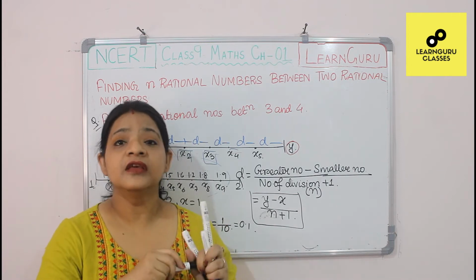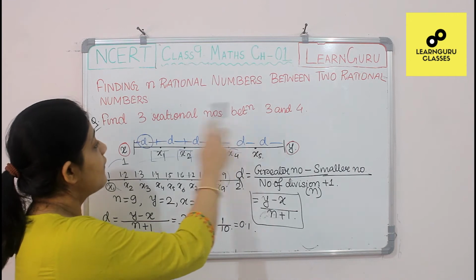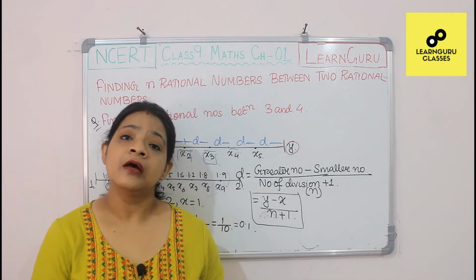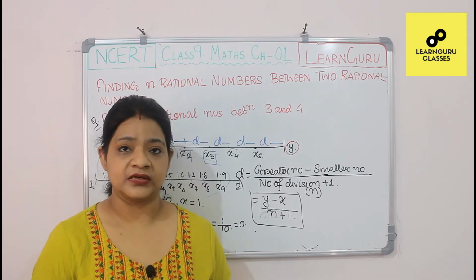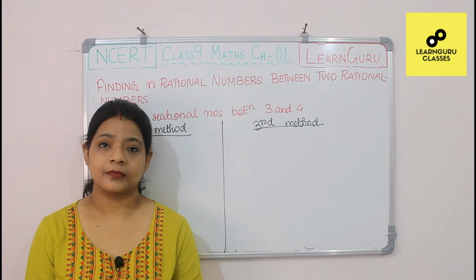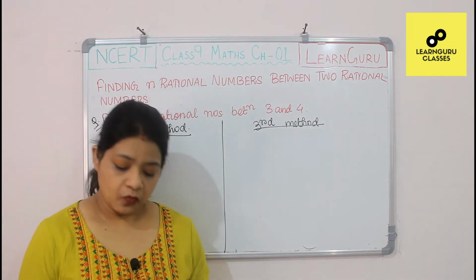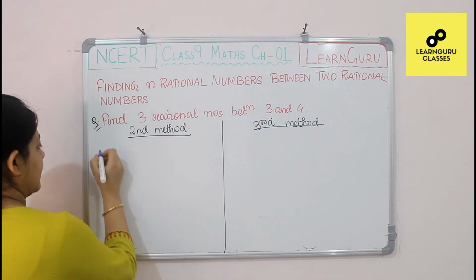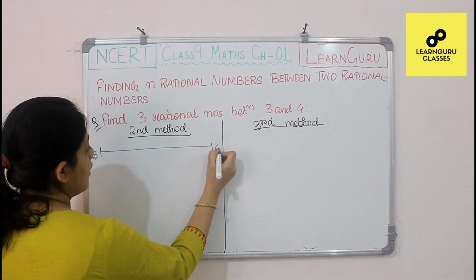Now using this concept of common difference, we are going to find 3 rational numbers between 3 and 4 using the 2 methods. Let's see how these 2 methods work. We are going to draw the number line, where we place 3 and 4.